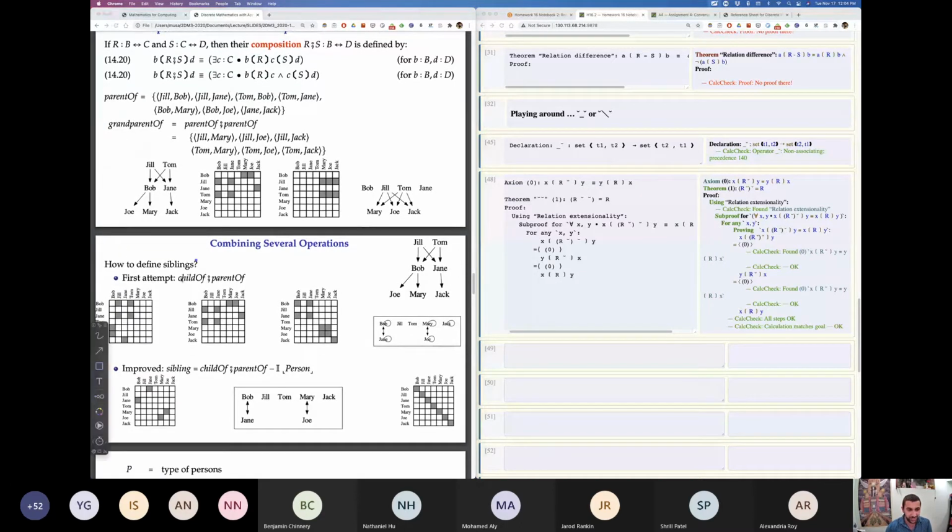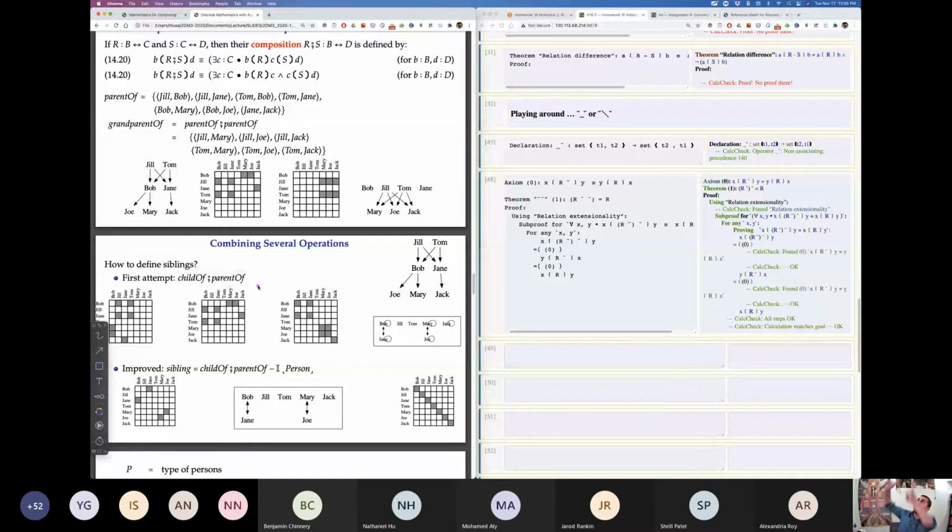Okay. If we say to be siblings, for example, means, so for example, I am the child of someone who happens to be the parent of someone else. Okay, that's what we say when we say it's a sibling, right? So I am a child of someone named C who happens to be the parent of someone named D. I am the child of someone who happens to be the parent of you.